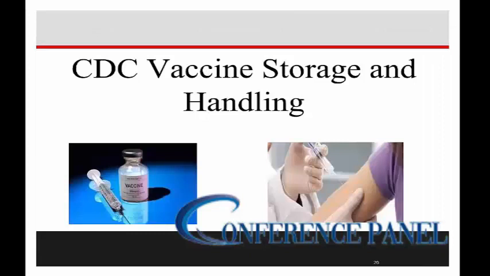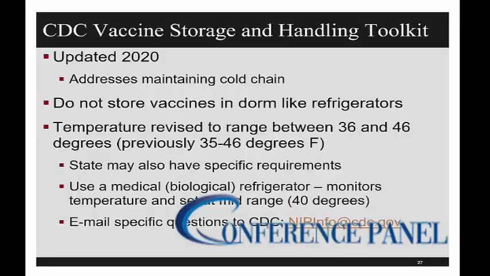One other item I wanted to talk about real briefly was vaccine storage. With the COVID vaccines, different types of vaccines, and just routine vaccines, whether it's flu vaccine, Pneumovax, whatever it happens to be, it was updated in 2020, and it talks about the cold chain, because they were finding out through reports and observations that we were not doing that.